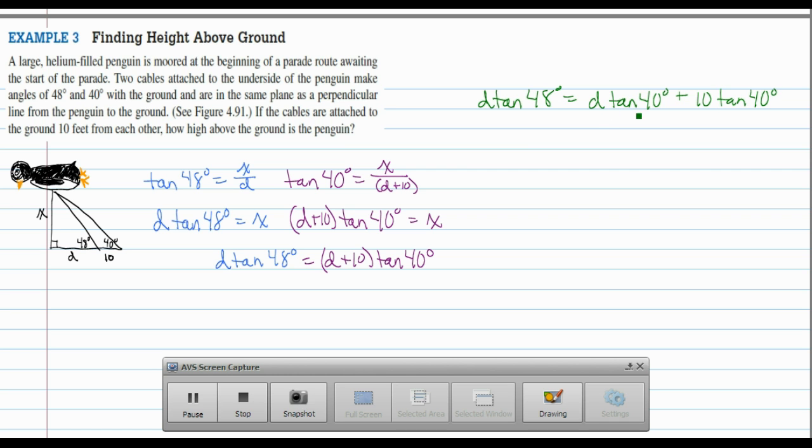Now I'm going to get this term with the d also on the other side. So I have d times the tangent of 48 degrees minus d times the tangent of 40 degrees equals 10 tangent 40. Now I can factor out, since I have d times something minus d times something, I have a common factor here of d. So I'm going to factor out d, or undistribute.